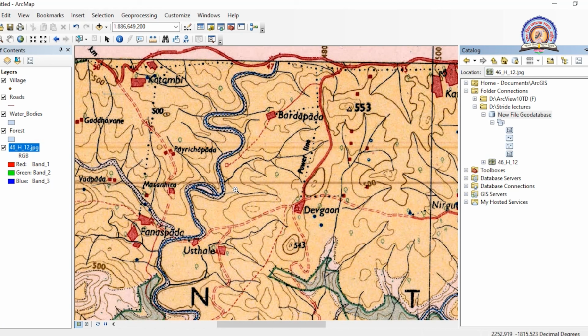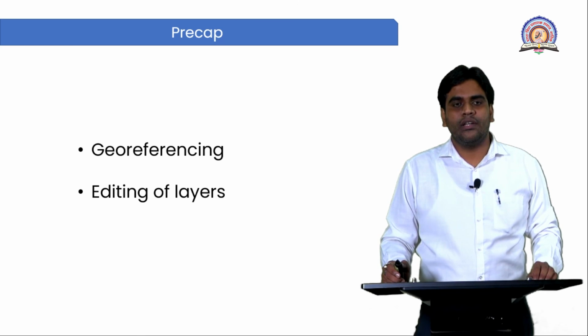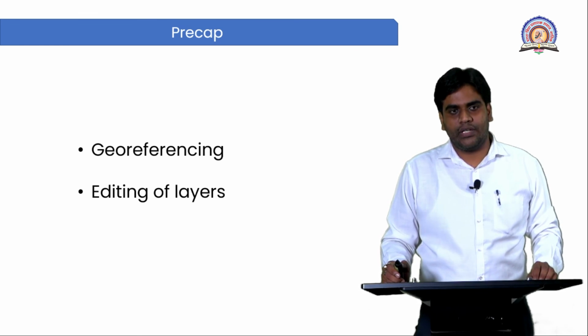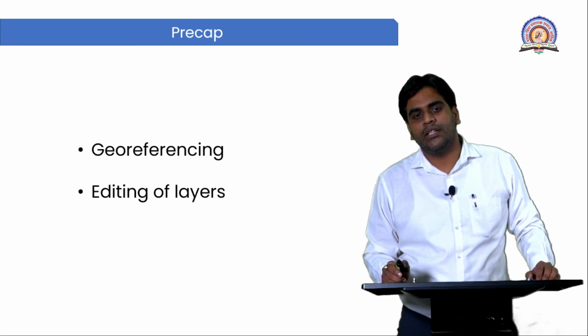So this was for today, that we have learned how to create a database, how to create a data set, and how to prepare different types of layers. In our next session, students, we are going to study a very important aspect of GIS software and cartography, that is geoinformation, as well as editing of layers.